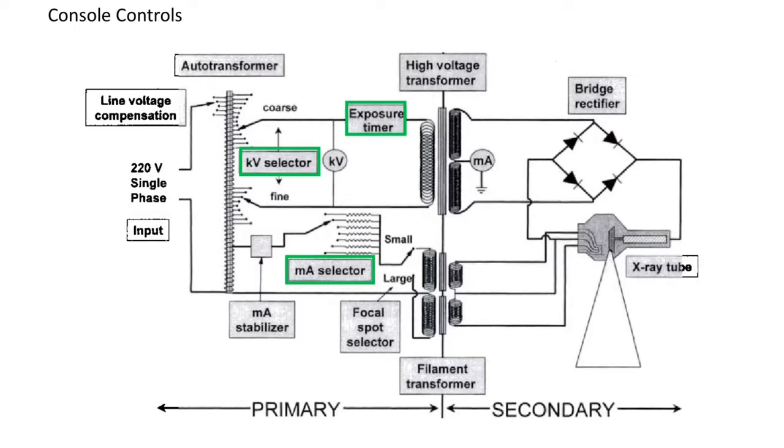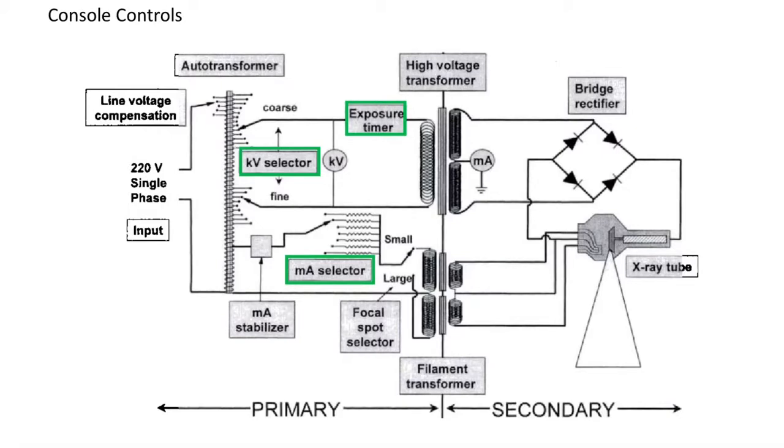That obviously will be dictated by the anatomy that they are scanning, how penetrable it is. So if we need high energy X-rays, then the technician would employ the KV selector to make their selection for the given exposure.